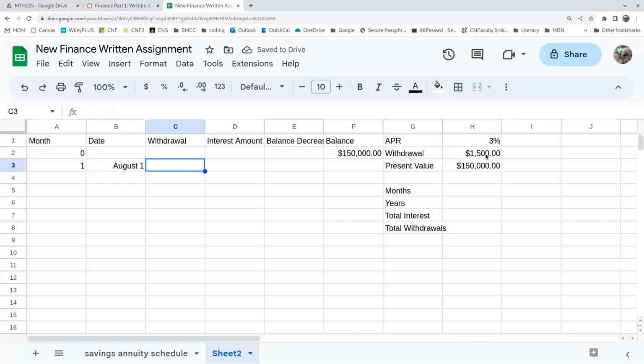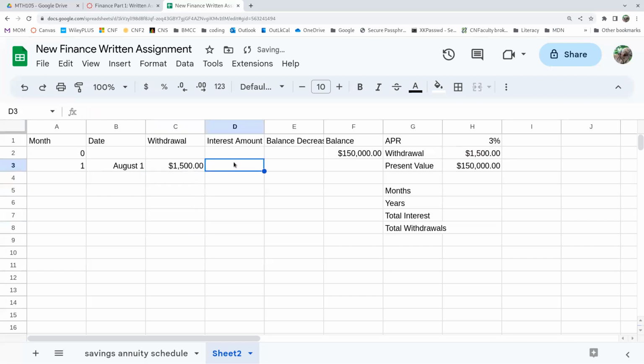That's my withdrawal over there. So I'm just going to equals and click. And remember, like before, I'm always going to have that amount from that spot there. So I want to fix that row with a $ in front of the 2, which says always grab from row 2 for that number when I fill it down, right? So when I fill that down, it's always going to grab from row 2. All right, fill more down in a minute.